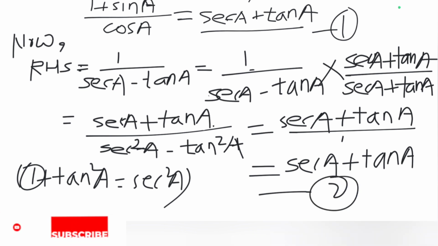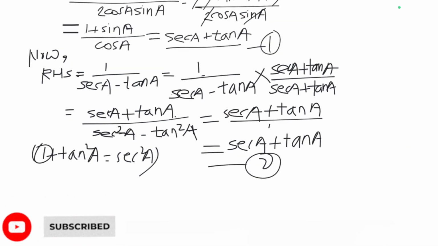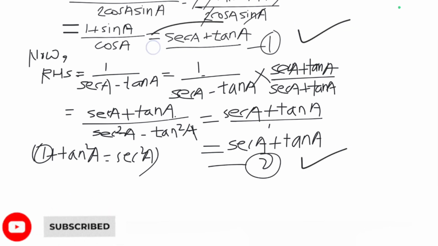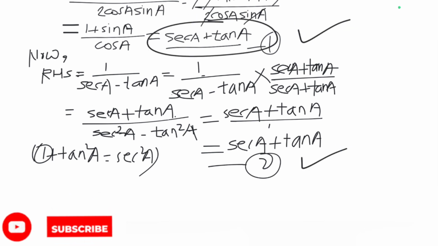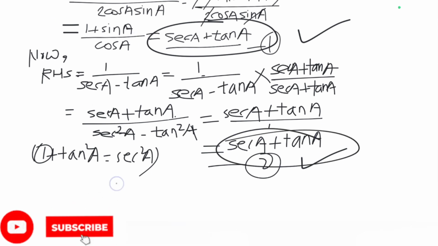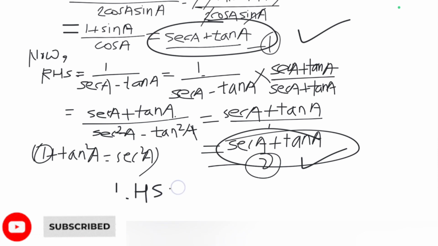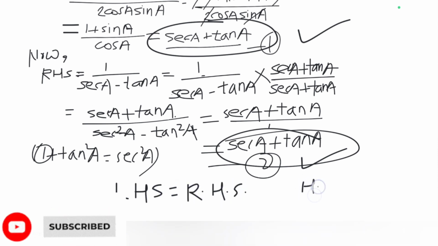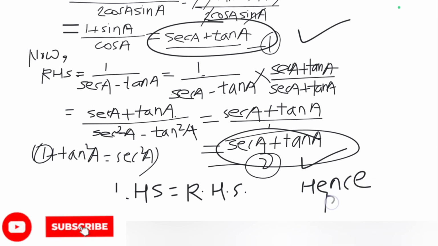Yes, I can give it equation number 2. So here we come to know that from equation number 1 and 2 we are getting the same expression for the LHS and the RHS, that is sec A plus tan A. So from that I can say LHS is equal to RHS. So hence proved.